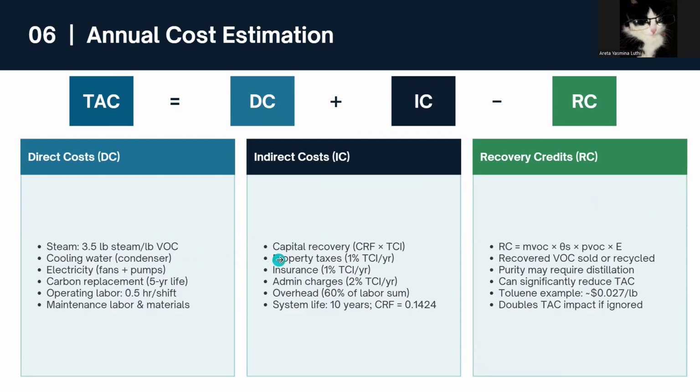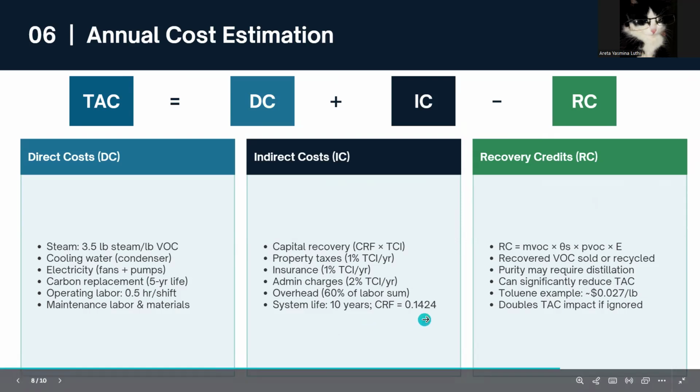Then the indirect costs include the capital recovery, the property taxes at 1% of the total capital investment per year, the insurance, and also the overhead on total labor. With the system design life, that gives the CRF about this value.